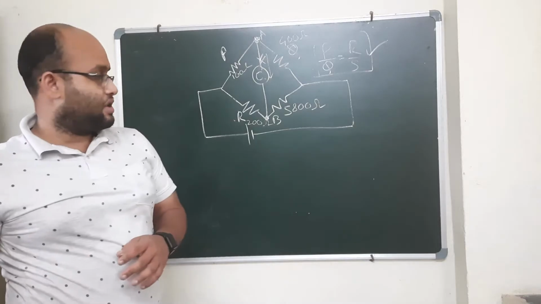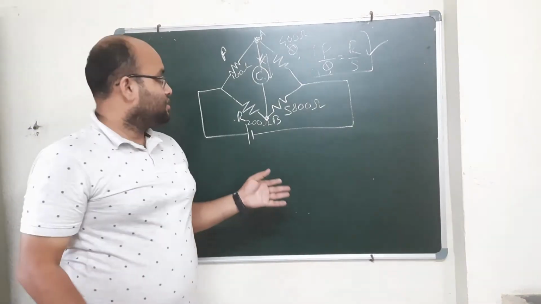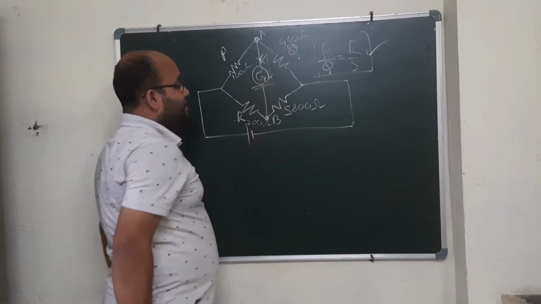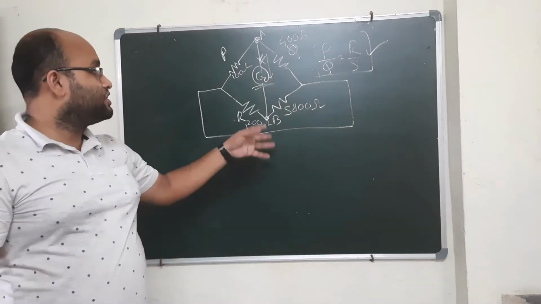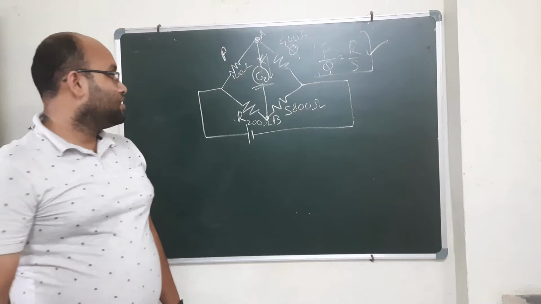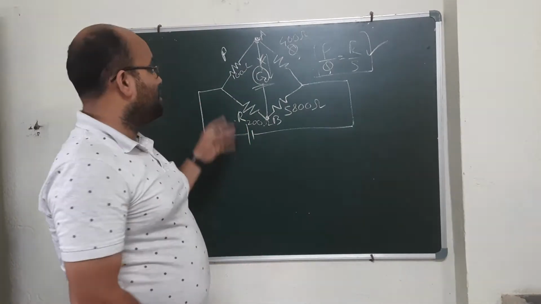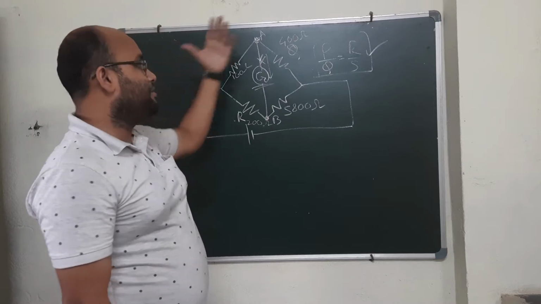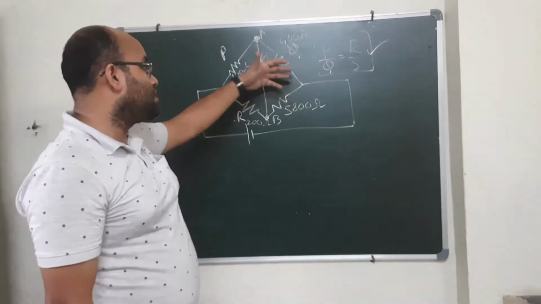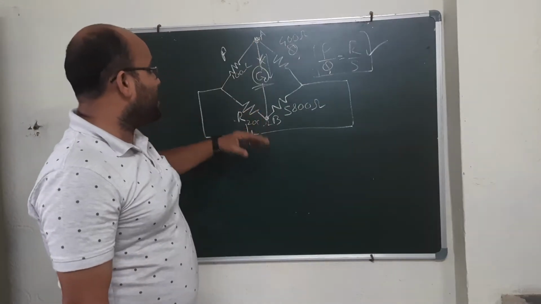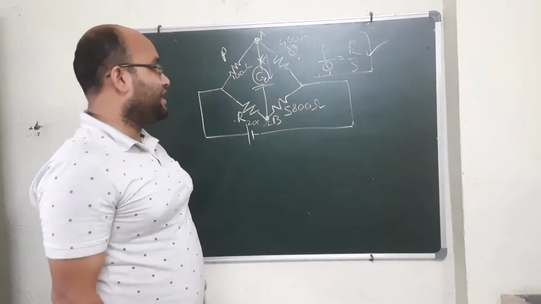And from this we can surely say that the galvanometer will not deflect. So this is the Wheatstone bridge circuit that works under the principle of P by Q equals R by S. If these are in equal ratios, there will be no current flow through this, and eventually we will get no deflection in the galvanometer.